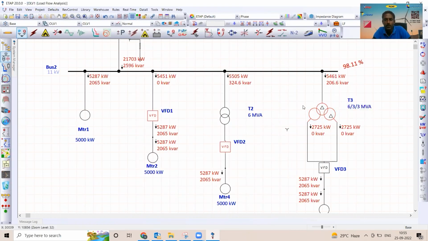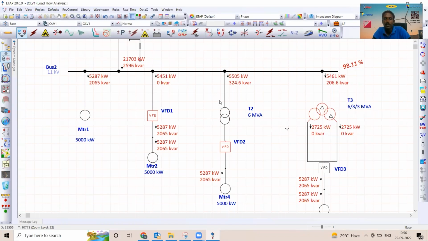Yeah. So now let's look at the results. Still, if you look at the purpose of going for a variable frequency drive, it is to enhance the energy efficiency and minimize the power consumption. But if we look at it now, going for a variable frequency drive has increased the power consumption.